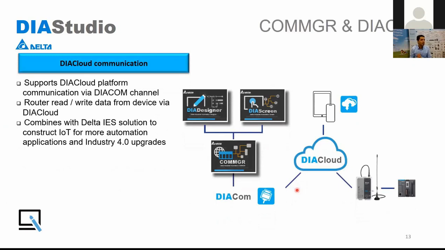Okay, what else? On com manager and DIACloud, there was already support, but there are some optimizations in that part. So the com manager performance increased for DIACloud. So you can simply connect devices remotely with DX router.